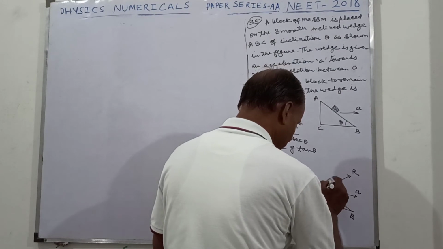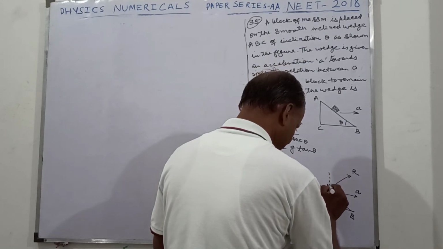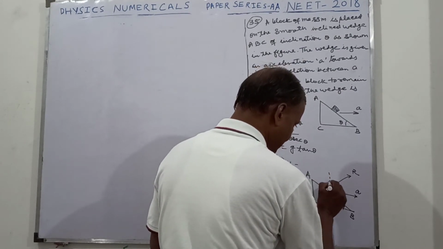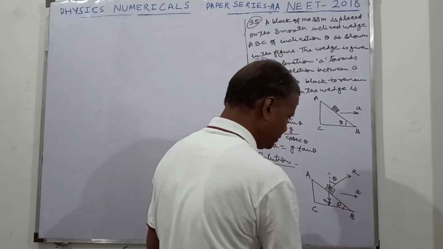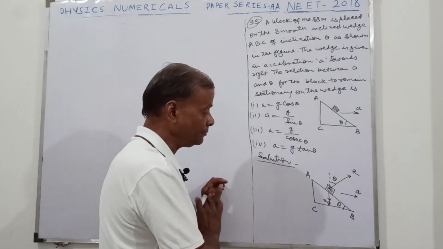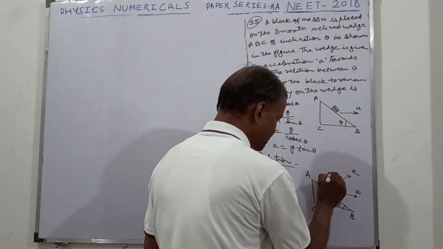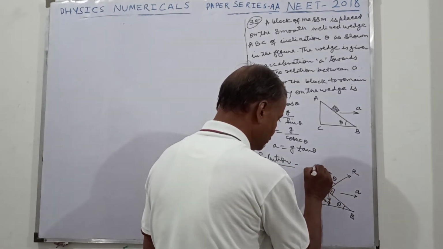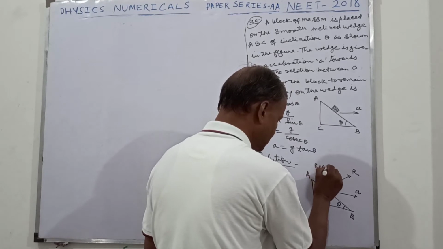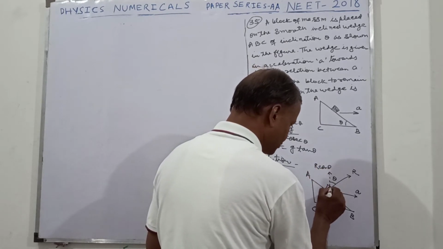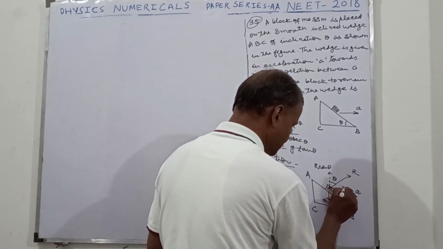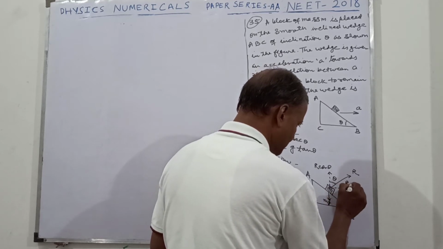Now if you draw this, you will find that this angle comes out to be theta. By a little geometry, one component of R is R cos theta, and the other component is R sin theta.